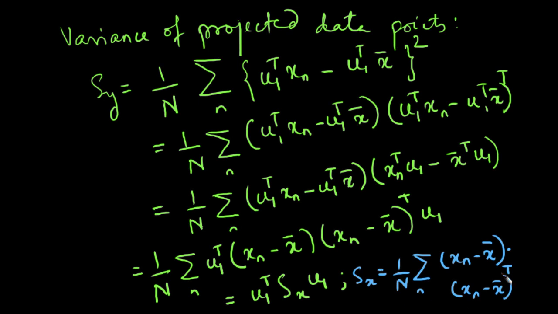And this is the covariance matrix Sx. So using the covariance matrix Sx and your knowledge of u1, you can compute the variance Sy.